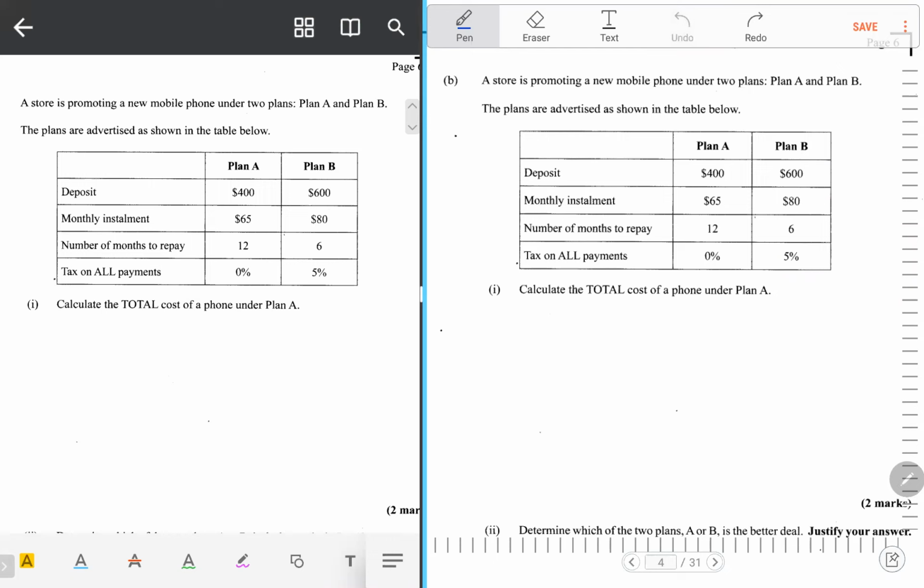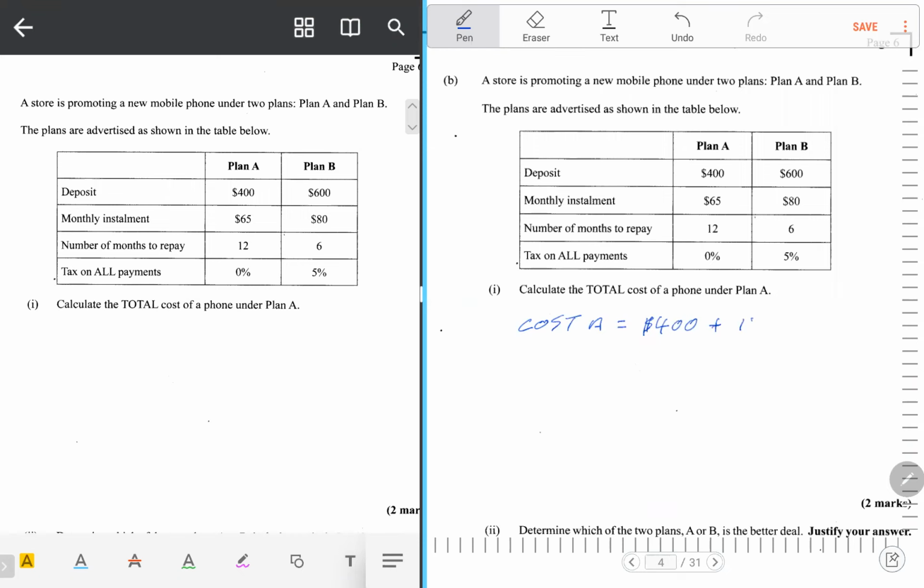So the question says we have to calculate the cost of the phone under plan A. It's quite simple. The plan A cost, let's call it cost A, would be equal to the deposit of $400 plus we're making 12 payments of $65 each.